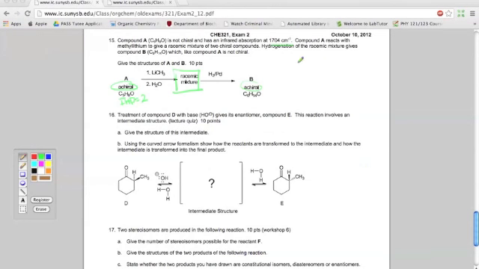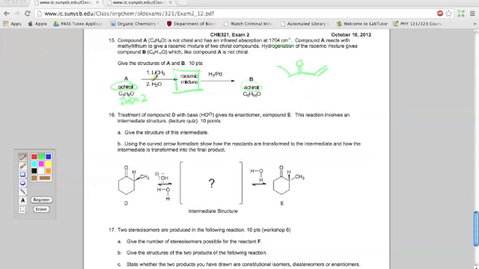So you're going to want to draw something that's achiral. So I have a carbonyl here, and I need a double bond somewhere. So I'm going to put a double bond right over there.